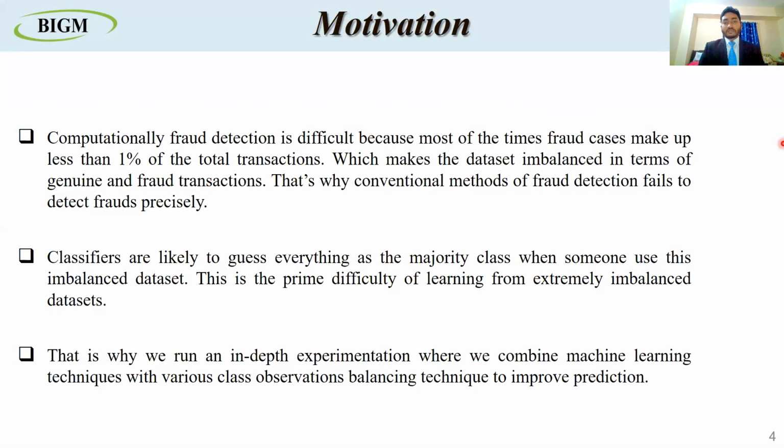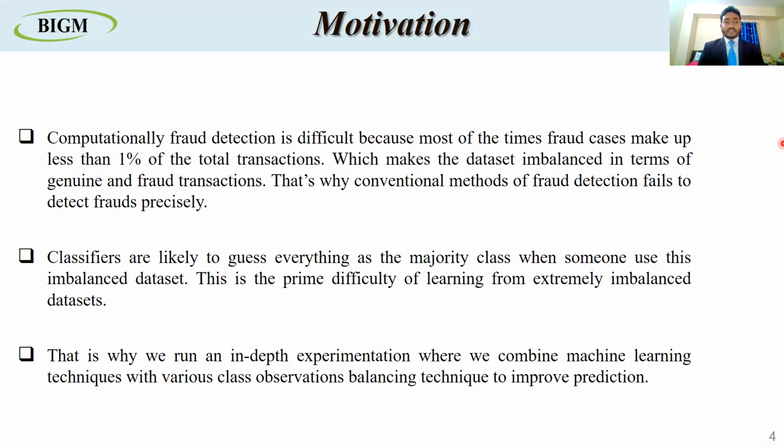Now, what is the motivation behind conducting this research? Computationally, fraud detection is difficult because most of the times fraud cases make up less than 1% of the total transactions, which makes the dataset imbalanced in terms of genuine and fraud transactions. That's why conventional methods of fraud detection fail to detect frauds precisely.